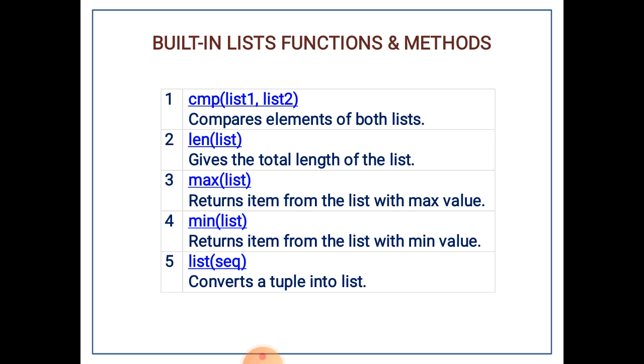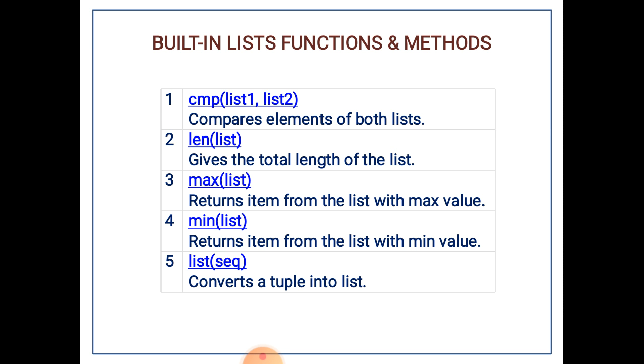Then we saw cmp, which compares the elements in two lists. len gives the length of the list, that is the number of elements in the list. Next, max(list) gives the element with the maximum value in the list. min(list) gives the minimum value of the elements existing in the list.